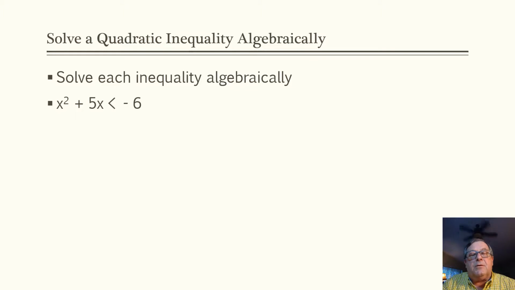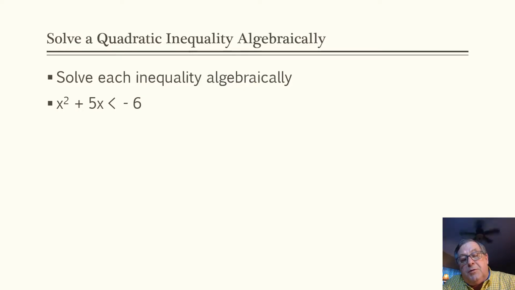And these are going to be either "and" or "or" statements as far as our solution set. And then finally, after testing that, we're going to write the solution set in set builder notation. So let's get started. So we've got x squared plus 5x is less than negative 6.